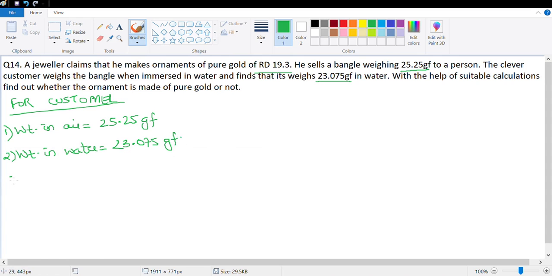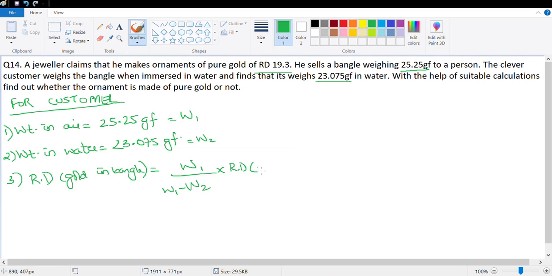So relative density of gold in bangle would be equal to, let's call this W1, let's call this W2, it would be equal to W1 upon W1 minus W2 multiplied with relative density of water. So this is 25.25 upon 25.25 minus 23.075 multiplied with 1. Now we'll have to subtract.